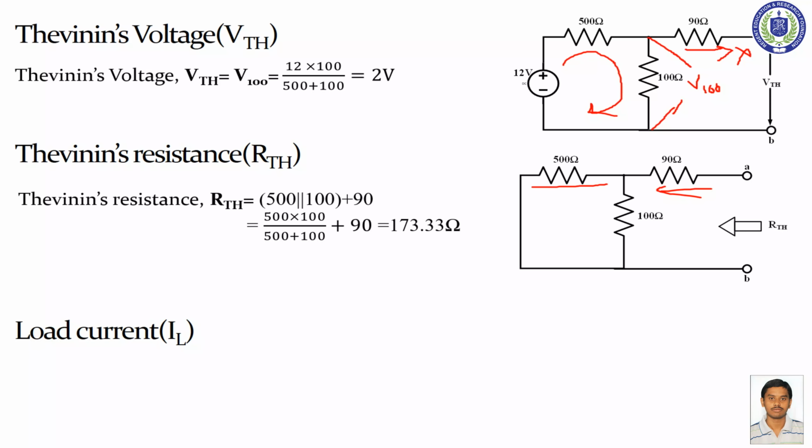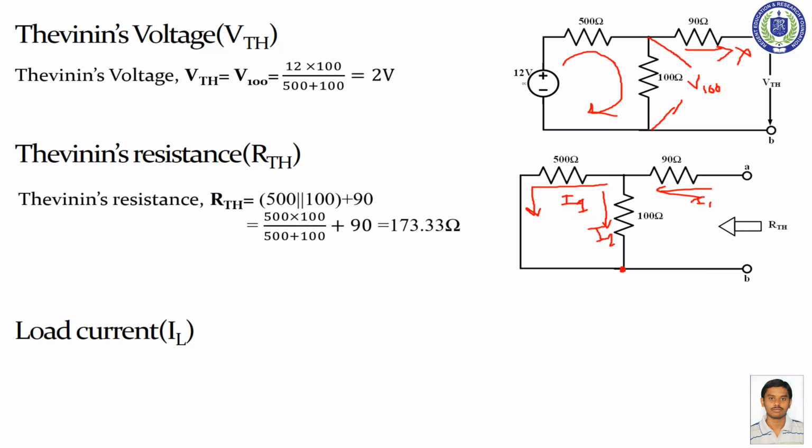the current is divided into two portions. Suppose the main current is I, and this is I1 and this current is I2.